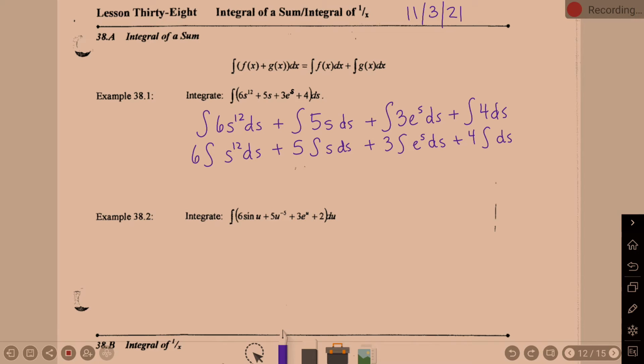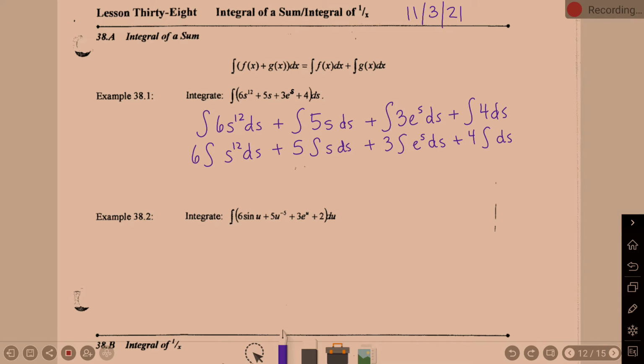When we're taking derivatives, what do we do to the power? We take the power out front, and then we subtract 1 from the power. That's the derivative. Integral, instead of subtracting 1 from the power, we add 1 to the power and divide by that new power. Does that sound familiar?